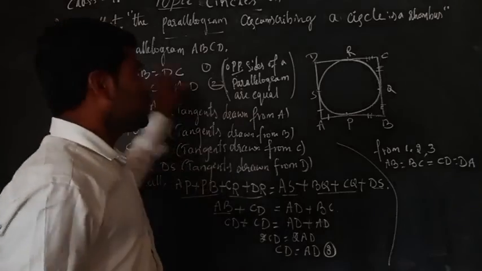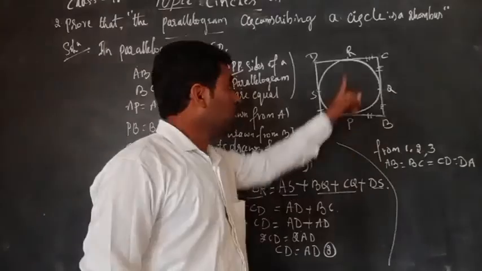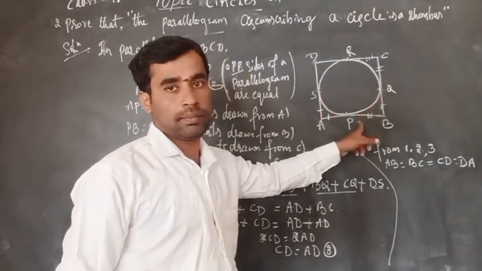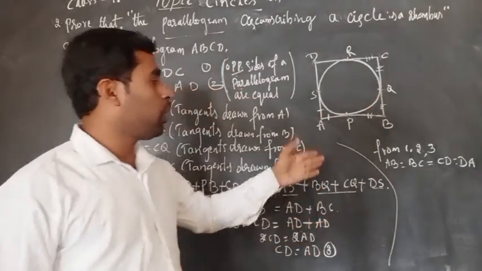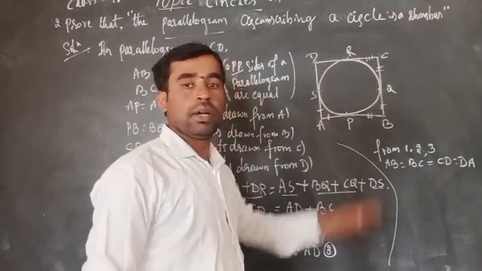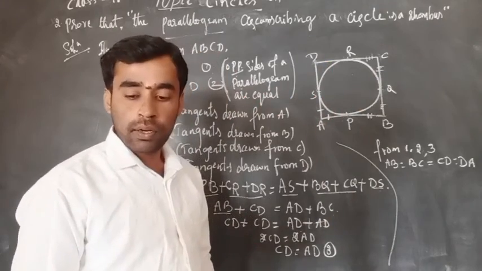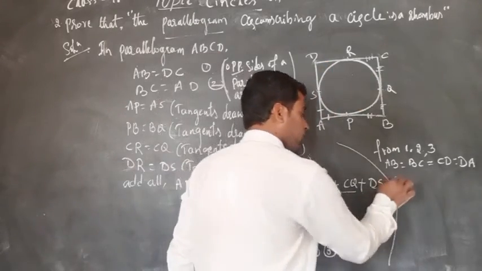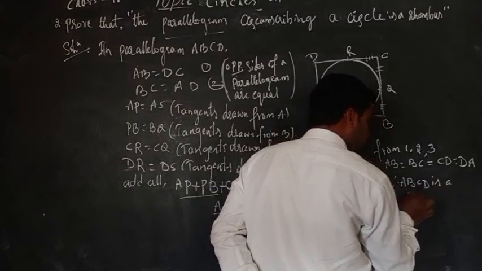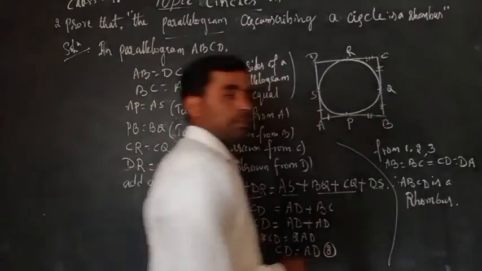By these equations the opposite sides are equal, and the adjacent sides are equal too. Therefore, all sides are equal in the quadrilateral. If all sides are equal, we call it a rhombus. Therefore, we can conclude that ABCD is a rhombus. Is it clear? Take down this one.